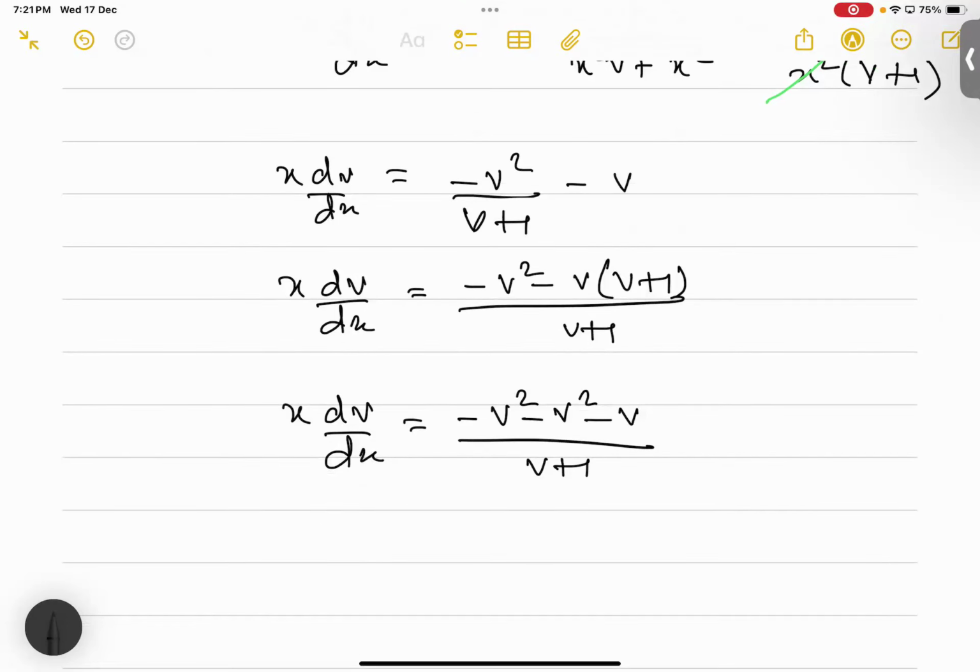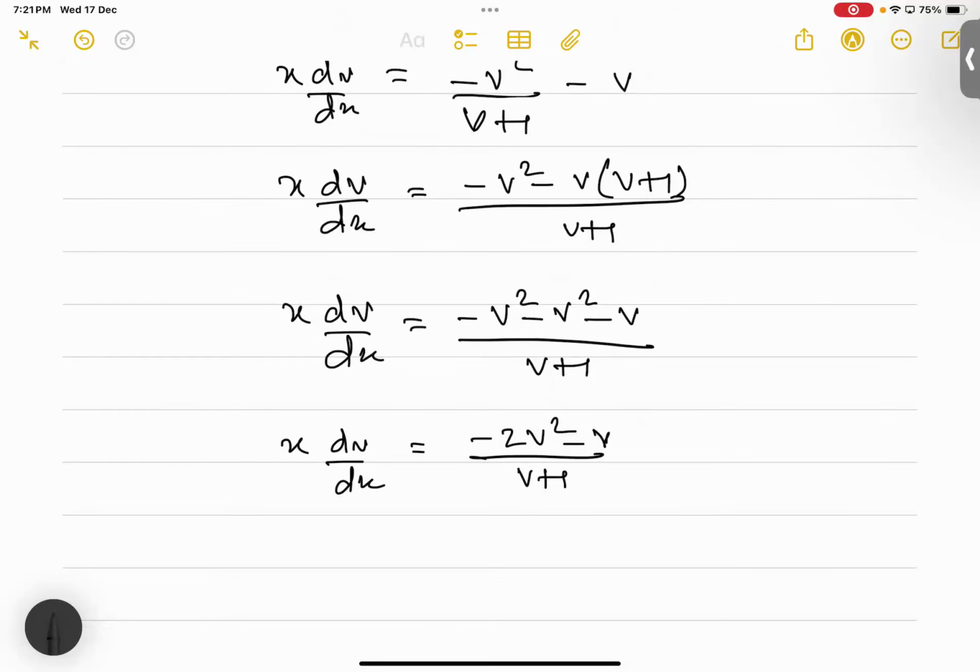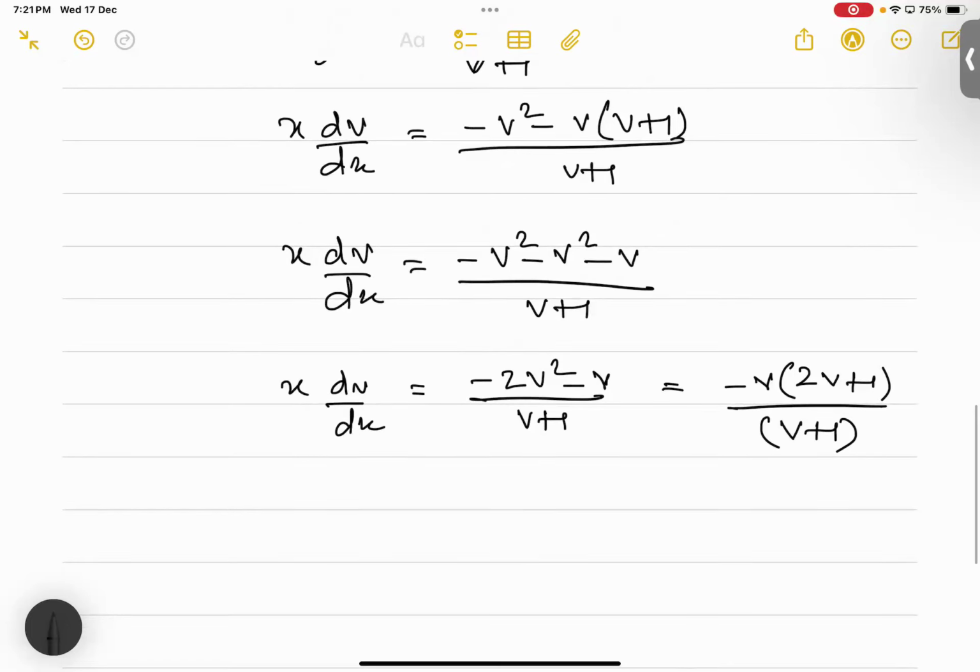Correct? x dv by dx is minus 2v square minus v plus 1. Okay. Anything is common in the numerator? Minus v is common, right? 2v plus 1 upon v plus 1. Can we cancel anything over here? We cannot. Okay. x dv is minus v into 2v plus 1 upon v plus 1 dx.